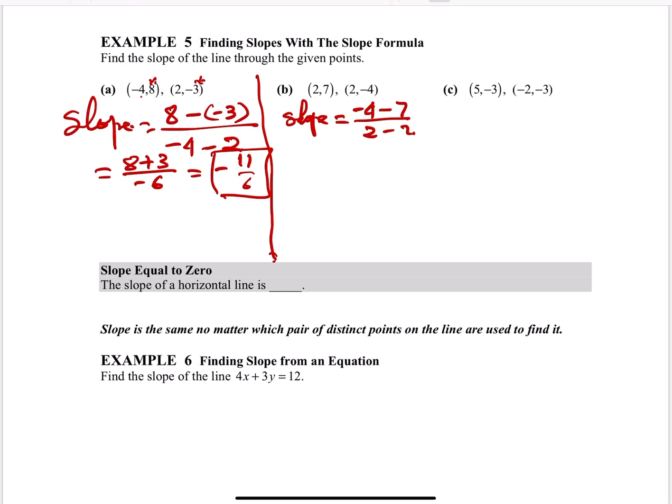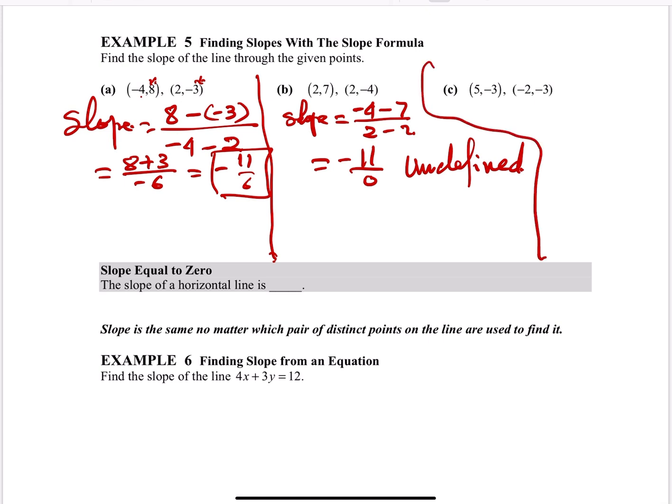So you have this one, and this one is -11 divided by 0. This is called undefined, because you have divided by 0. If you have anything divided by 0, you have to write down undefined. Be careful. If you don't write down undefined, it's false, meaning it does exist.